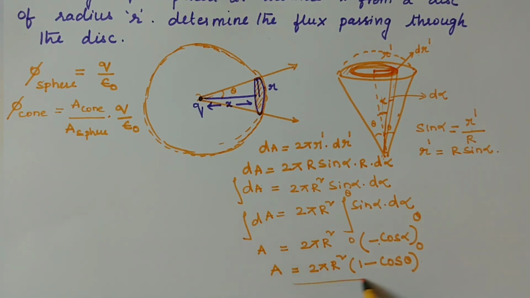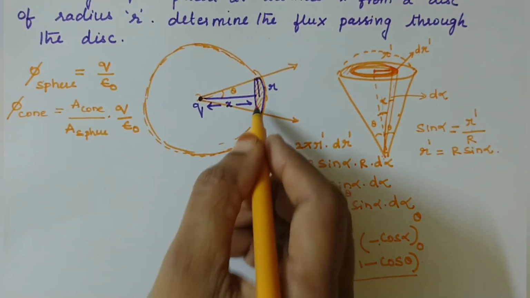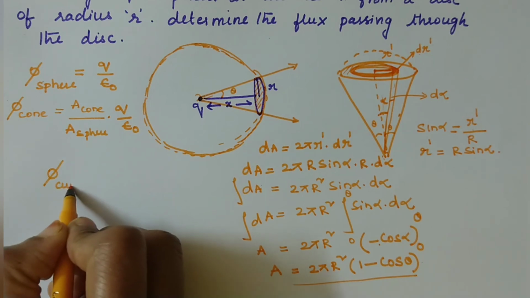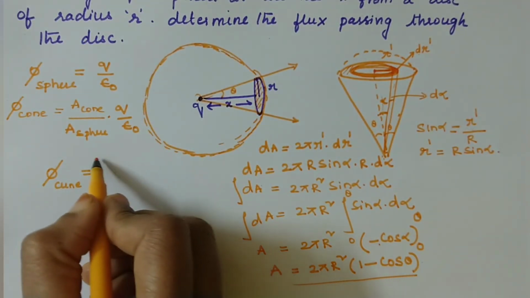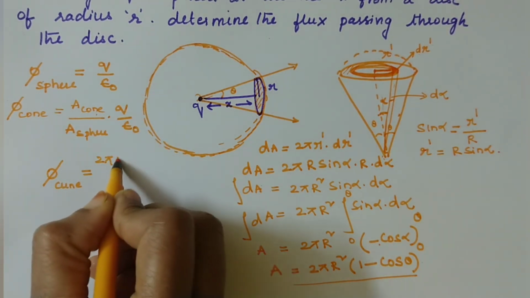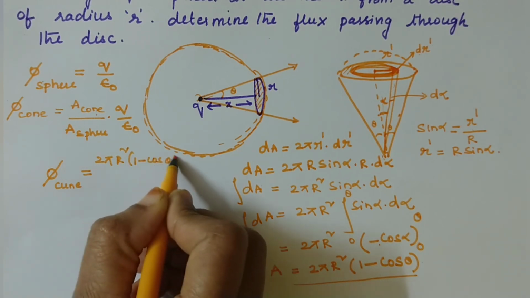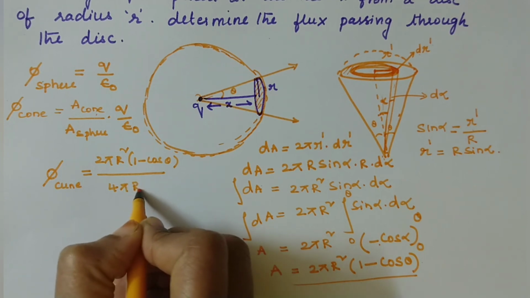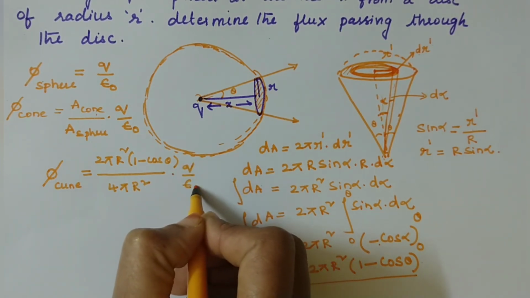And once you get this value of A, we know the area of the whole sphere is 4 pi R square. So flux through the cone or this particular disc would be, area of the cone we have got, 2 pi R square into 1 minus cos theta, divided by 4 pi R square, the surface area of a sphere, into q by epsilon naught.